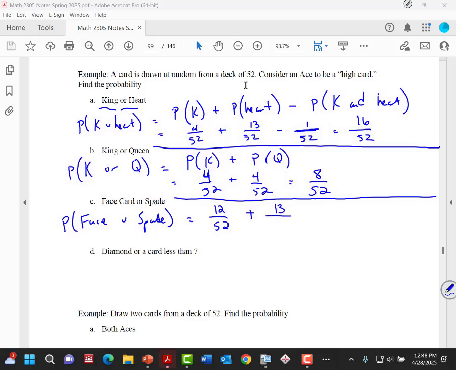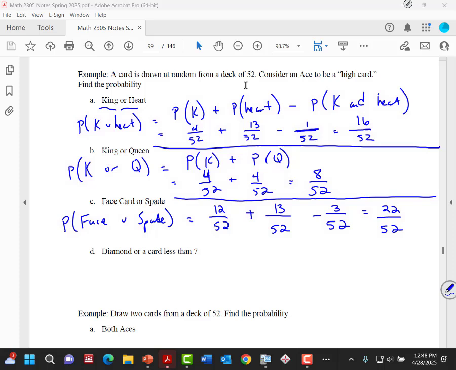There are 13 out of 52 cards that are spades, but there's a problem. I'm double counting. I have to subtract out the intersection. I have to subtract out the number of cards that are face cards and spades. Well, namely, there are 3 face cards that are also spades. So we subtract out 3 out of 52, which leaves us with 22 out of 52.